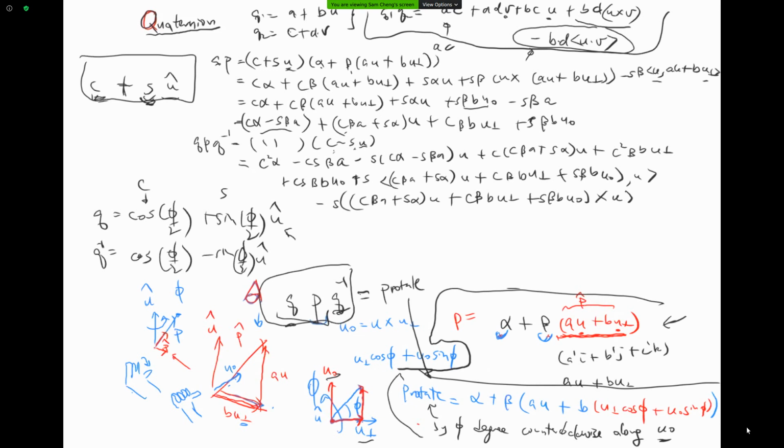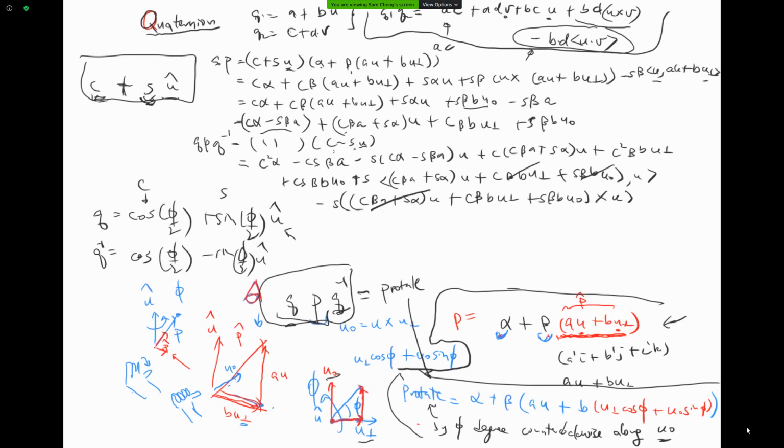First of all, this is an inner product, and because U perpendicular and U naught are both perpendicular to U, this will be all gone. And for the cross product, the cross product of U with U will be gone.